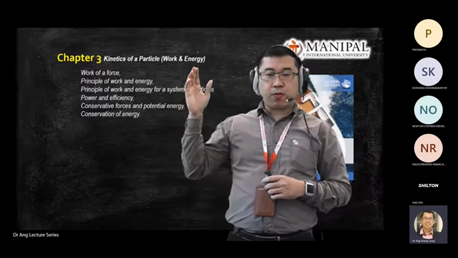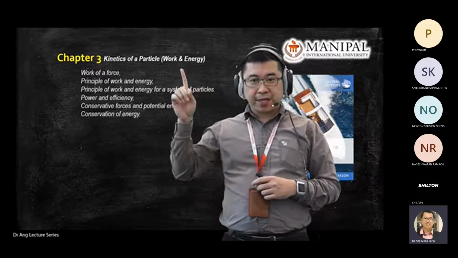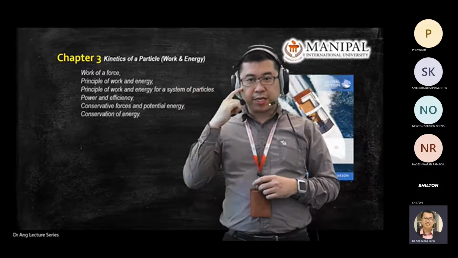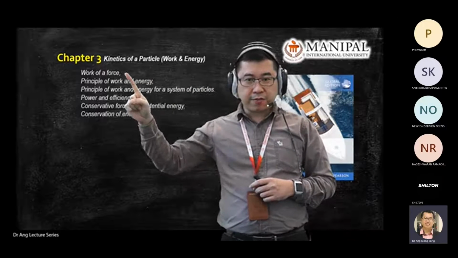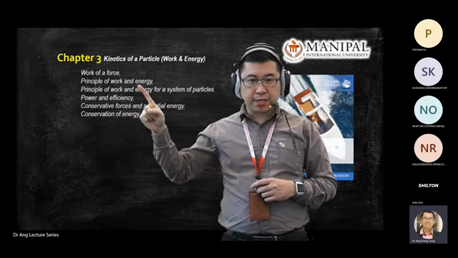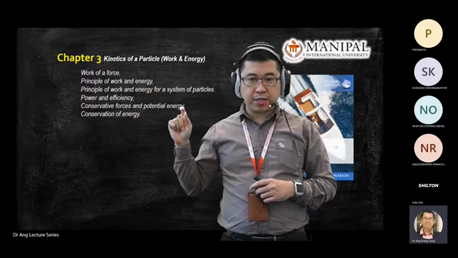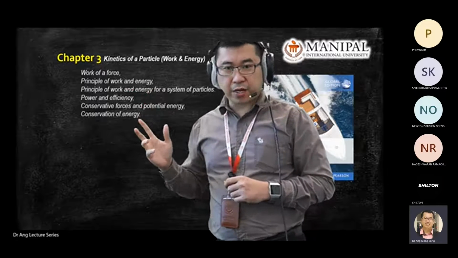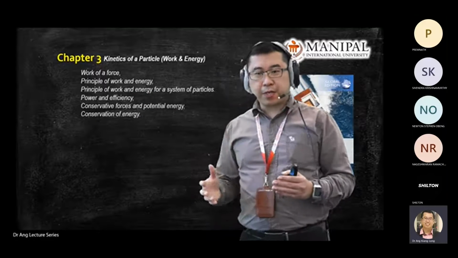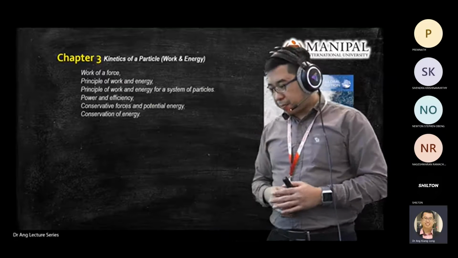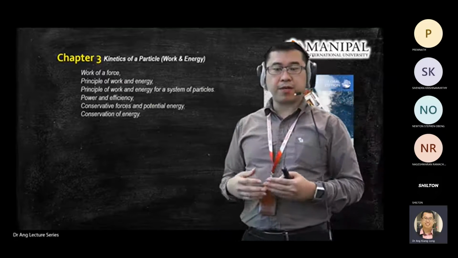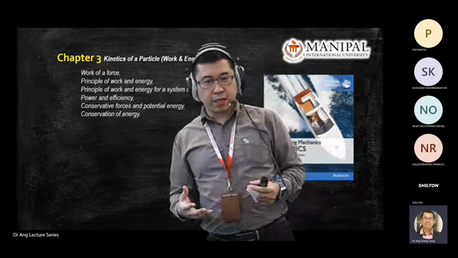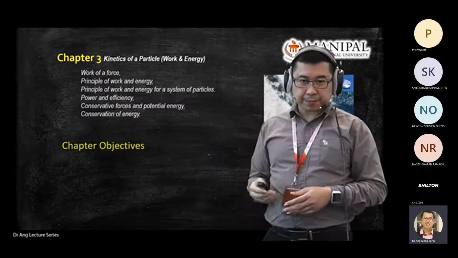Here, we look at what happens to force, work and energy: work as a force, the principle of work and energy, power, efficiency and conservation of energy. In this chapter, you start to hear some repeated words, for example, power, energy, work, and so on, right?